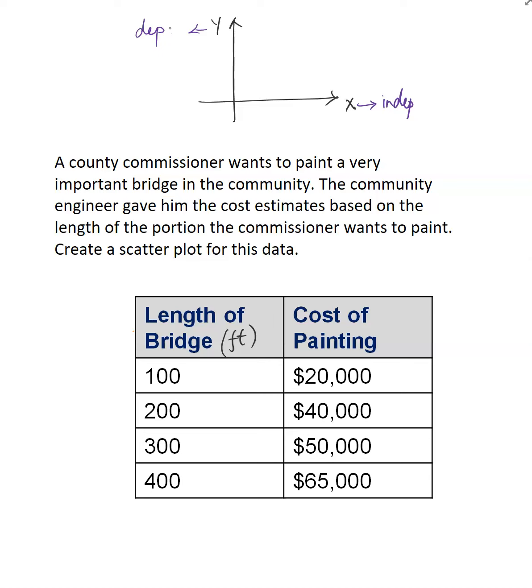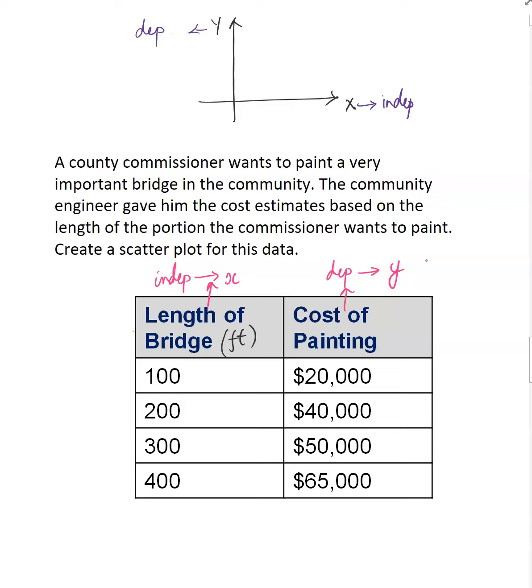Therefore, the cost actually depends on the length. Reasoning like that, we can see that the length of the bridge must definitely be our independent variable, and the cost of painting should be your dependent variable, which is Y.